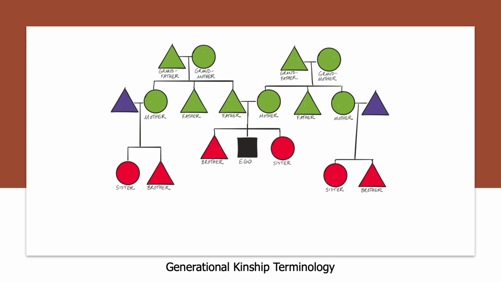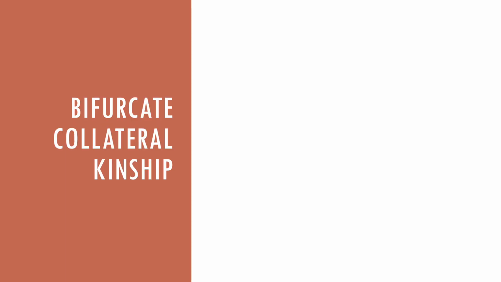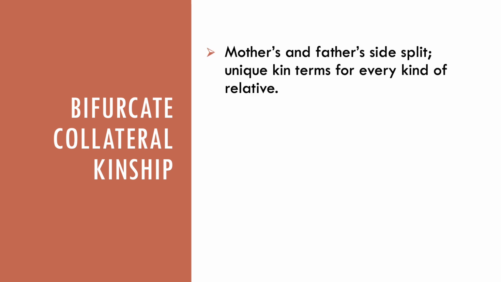All right, one more system: bifurcate collateral kinship. So in this system, like bifurcate merging kinship, the mother and father side are split, but there's no merging of groups of relatives. Rather, you get unique kin terms for every kind of relative.